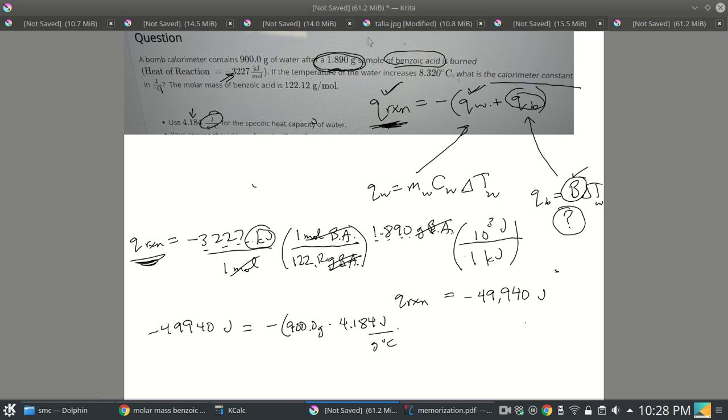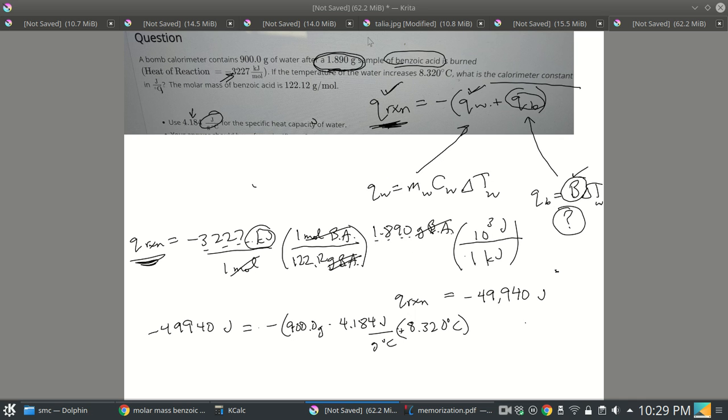That's given. Times the delta T, and that's given as 8.320. Wow, that's a fancy thermometer. It goes to the thousandths place. It increased, so this is the Q of the water, so it's times positive 8.320. So this is all multiplied in here.